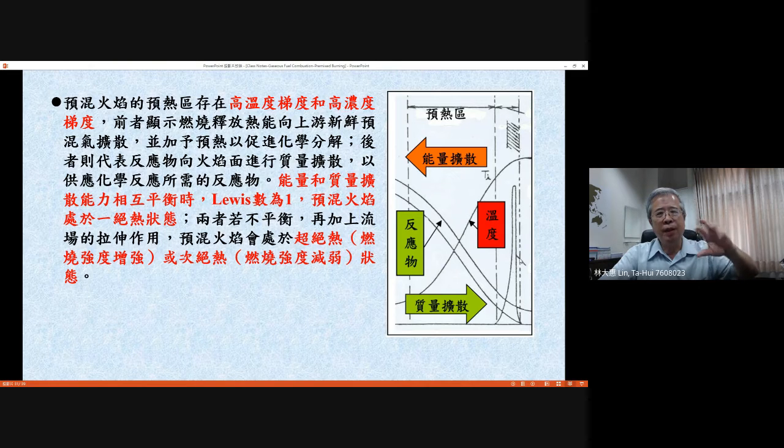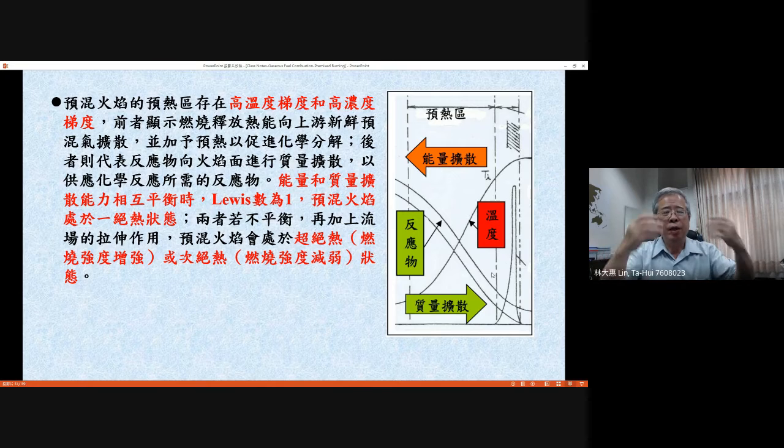The burning process is basically controlled by the deficient one, because if not enough deficient reactant diffuses into your reaction zone, even if you have an abundance of the other species in your reaction zone, you still cannot have a chemical reaction.